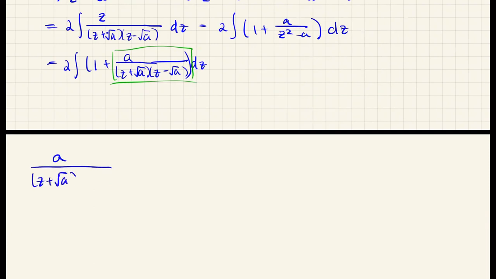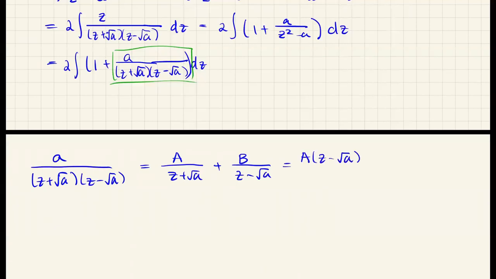(z plus root a)(z minus root a), is also equal to A divided by z plus root a plus B divided by z minus root a. And so that means A(z minus root a) plus B(z plus root a), all of this divided by (z plus root a)(z minus root a).